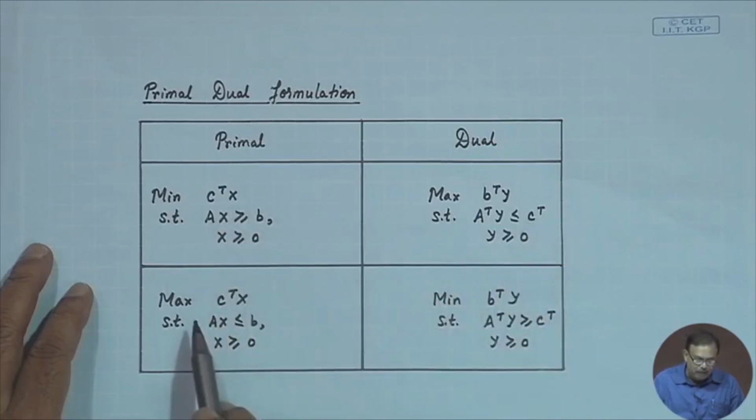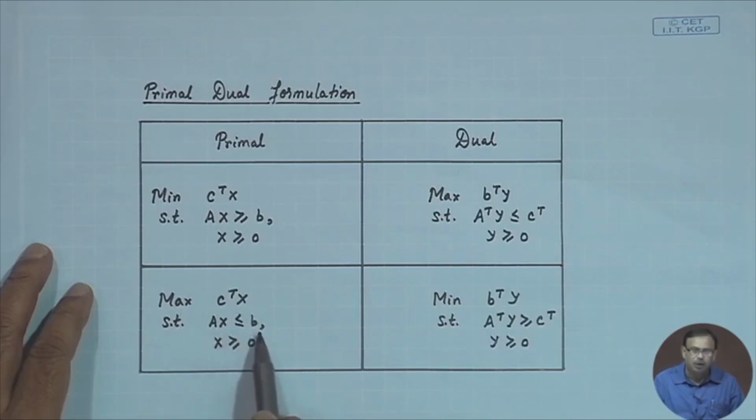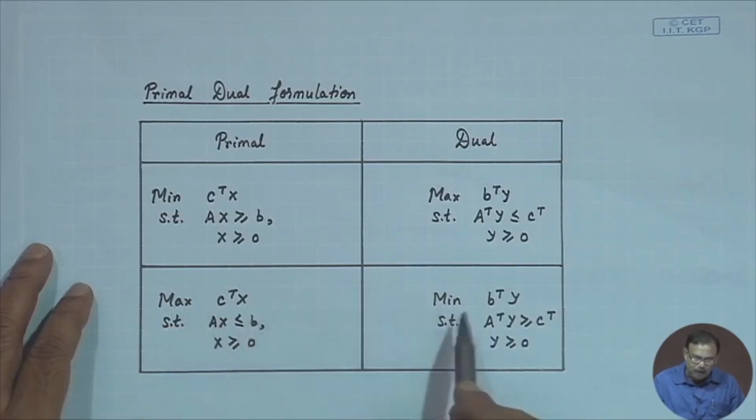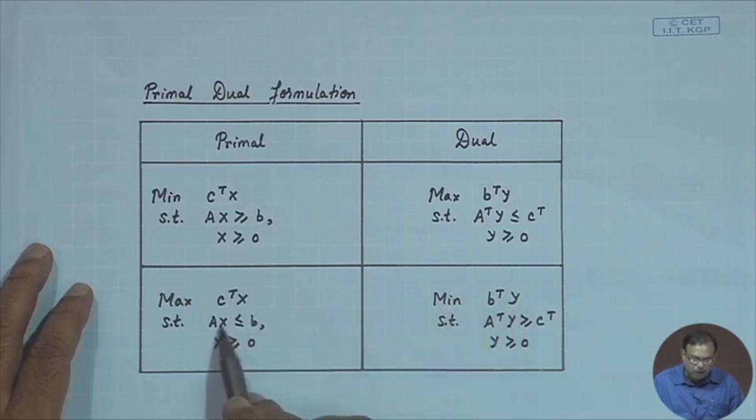Similarly, if we have the maximization problem, whatever we are doing in general, maximize C transpose X subject to Ax less than or equal to B, x greater than or equal to 0. This will be converted into a minimization problem: minimize B transpose Y subject to A transpose Y greater than or equal to C transpose.